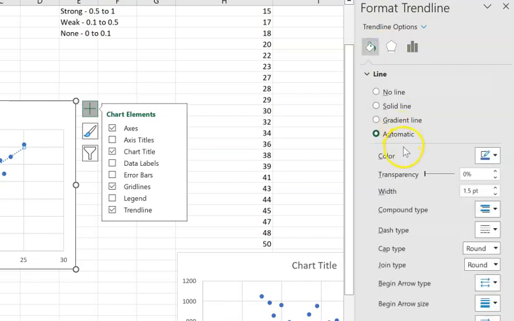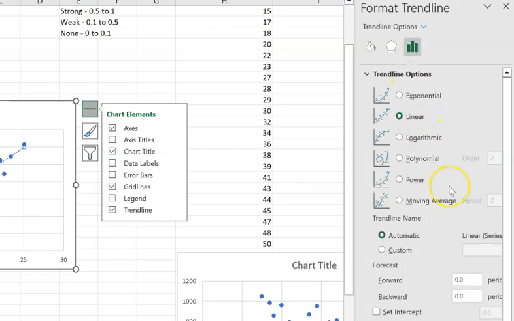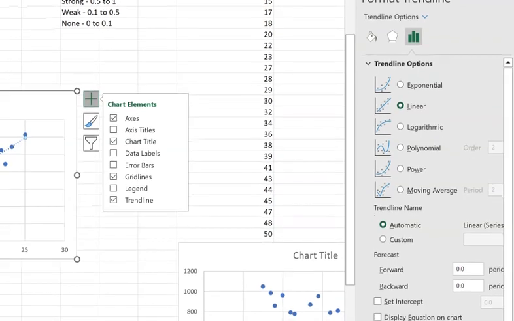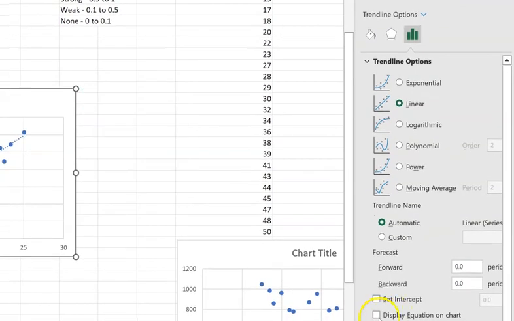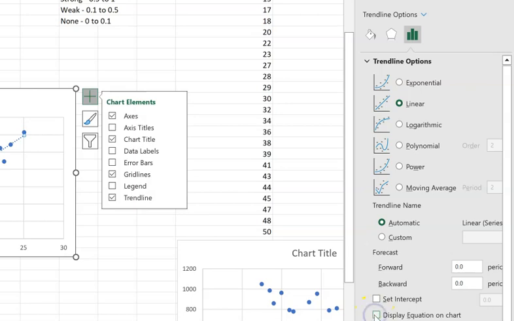This is just the options for how the trend line looks. We're not really interested in that. You can make it look as pretty as you want, but for our purposes, we are going to be wanting the numbers. So to actually get the numbers, all the way down at the end, we are going to see Display Equation on Chart. That is the one we want to click.